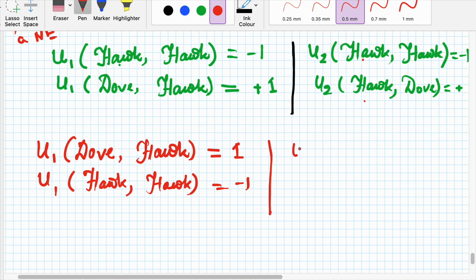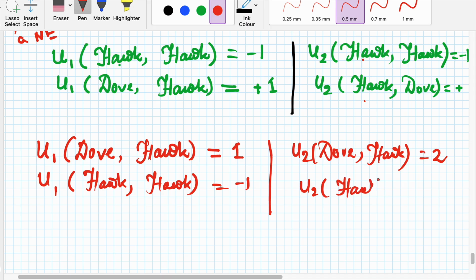Let's see for player 2. Player 2 is getting 1, and if it changes from dove to hawk, both of them will get -1.